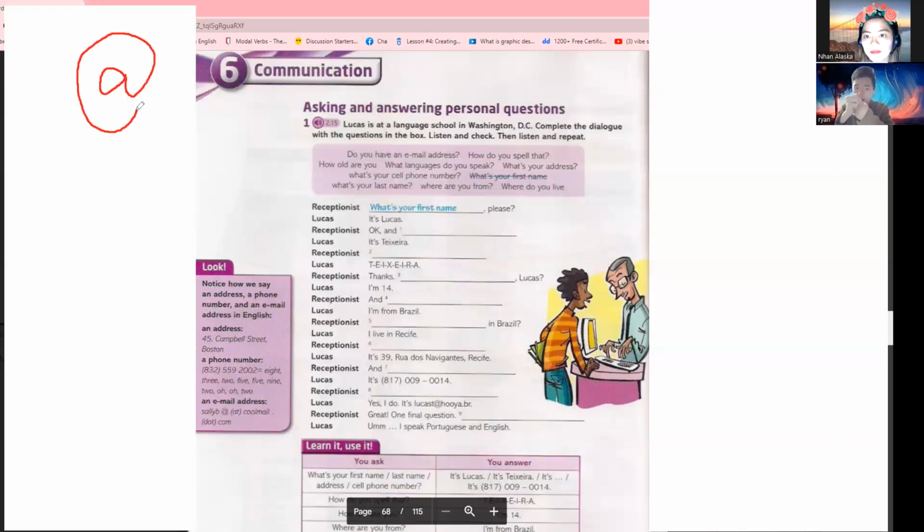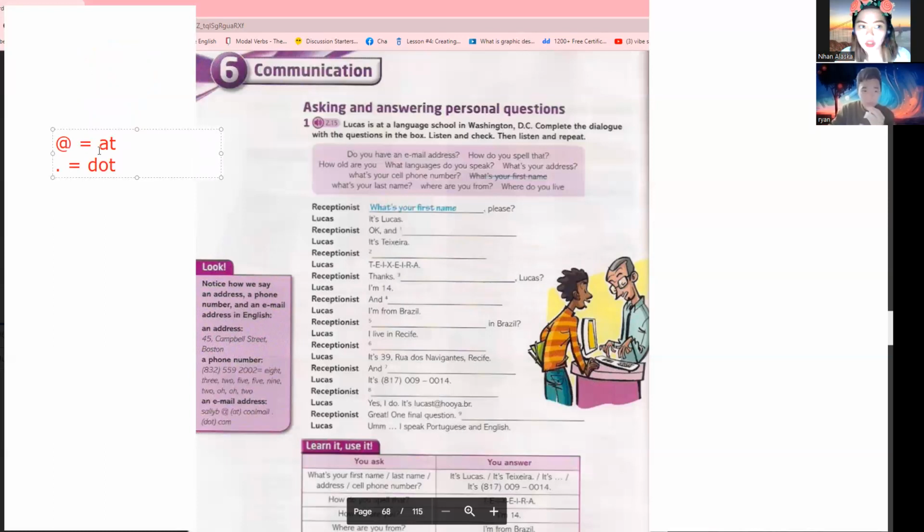This symbol is read as at. And then the dot, or the period, as in dot com.